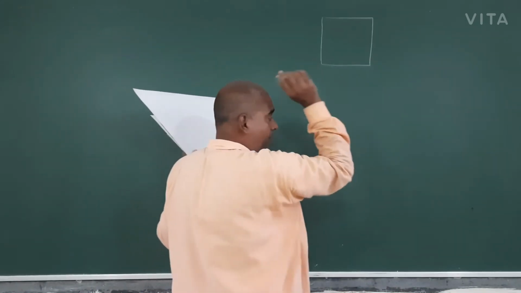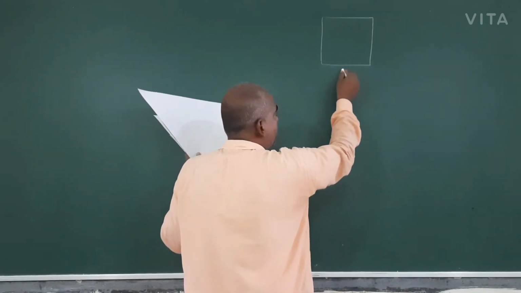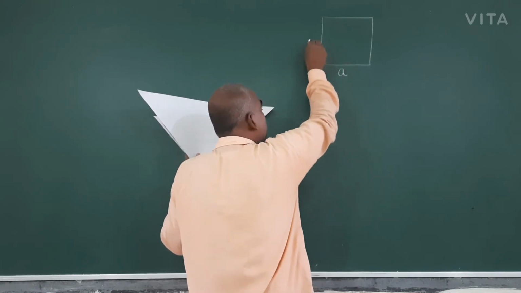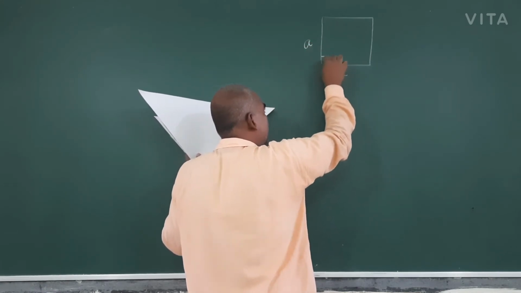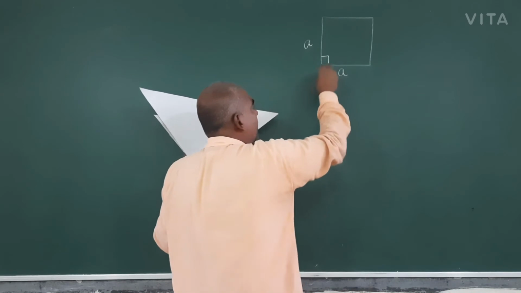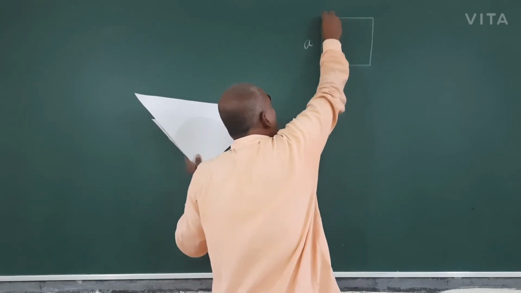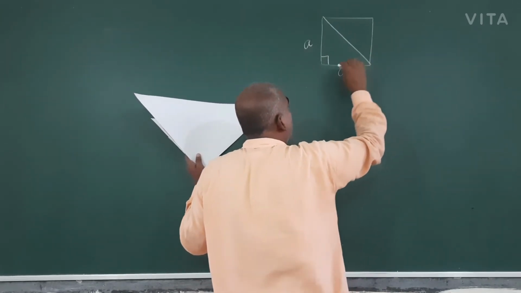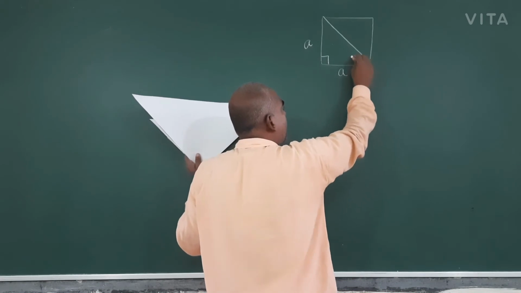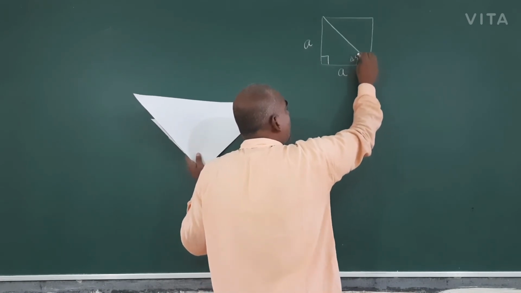So in my first video I have told you, you can see this is A, so this will be A, and this is 90 degree, all are 90 degree, and when you join this, this will be 45 degree, it will be angle bisect.